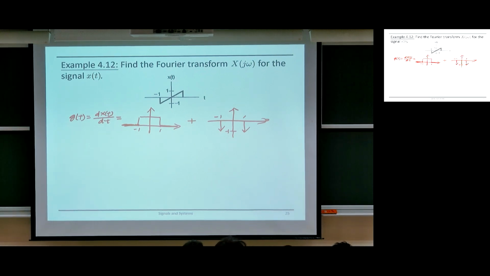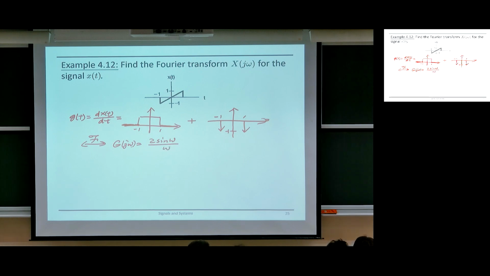Now these functions are familiar to us. We know what their Fourier transforms are, so we can derive the Fourier transform, let's call it g of j omega. For the rectangle, we get a sinc function, that is 2 sine omega over omega.